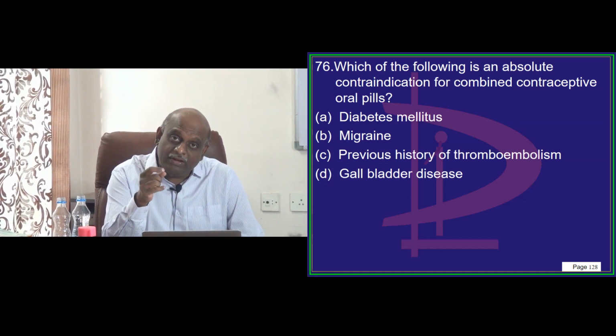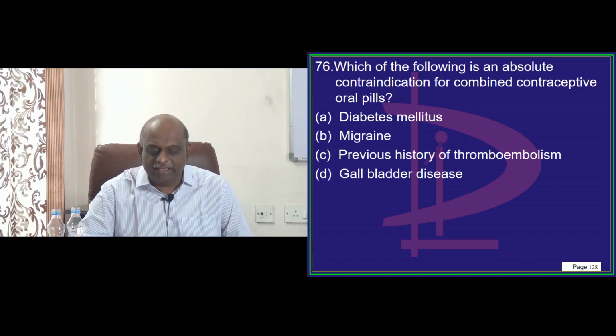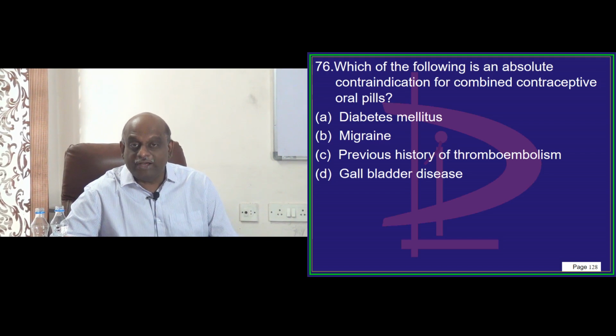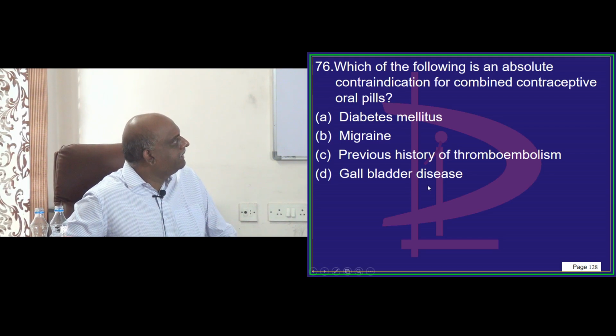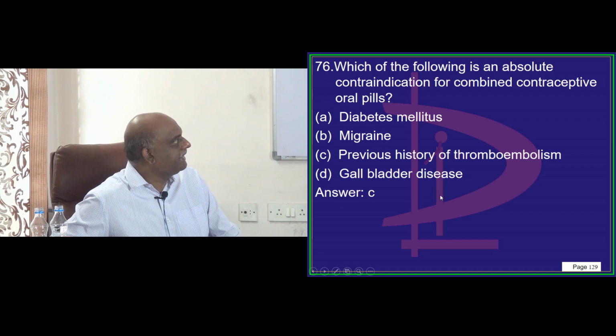Absolute means, to say, the examiner wants only absolute, nothing else apart from the absolute. Kabir Nanda, Sindhu Lakshmi, they are all proposing option C. Rocket Trader also, excellent doctor.